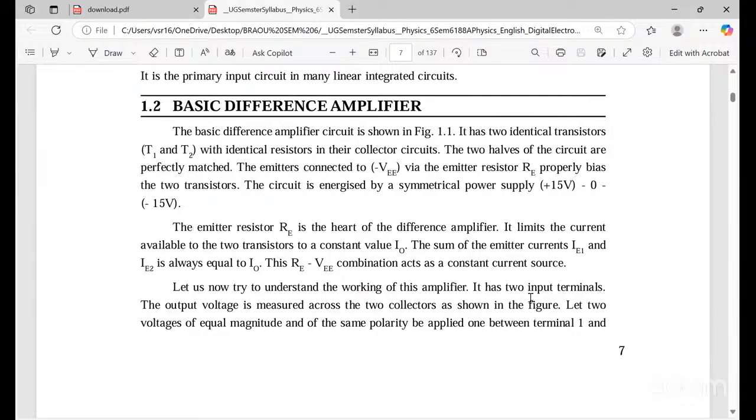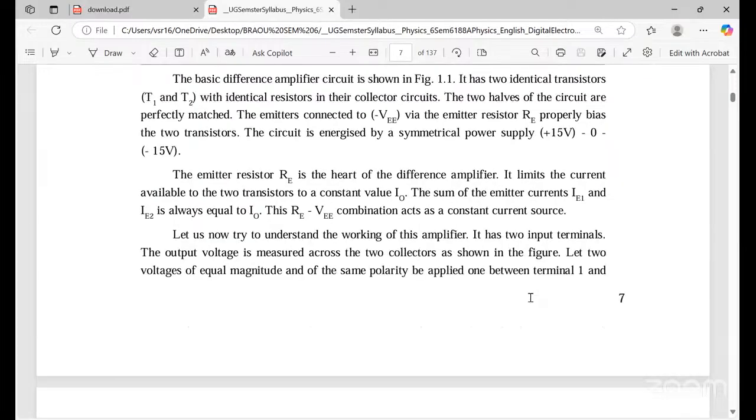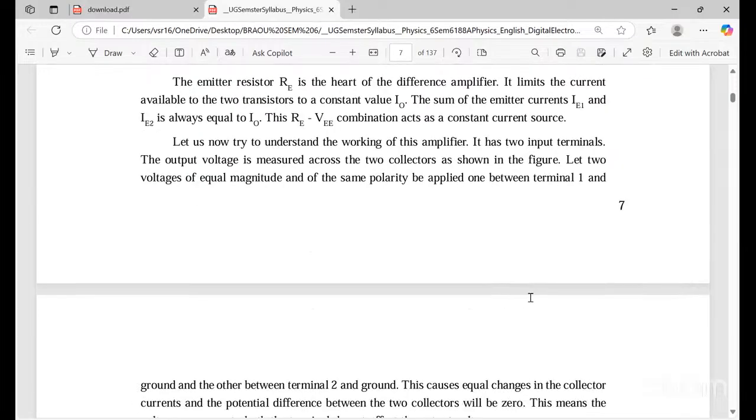Okay, I think you got it. This RE minus VE combination acts as a constant current source. This differential amplifier has two input terminals, and the output voltage is measured across the two collectors.